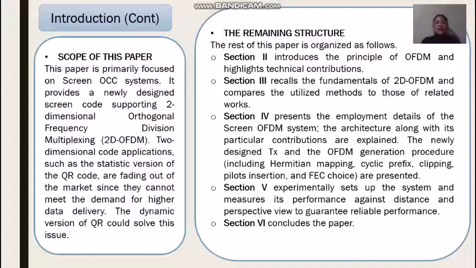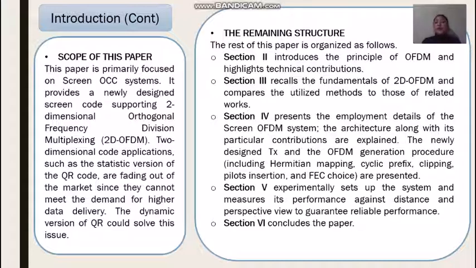Two-dimensional code applications such as the static version of the QR code are finding their way into the market since they cannot meet the demand for higher data delivery. The dynamic version of QR closes this issue.